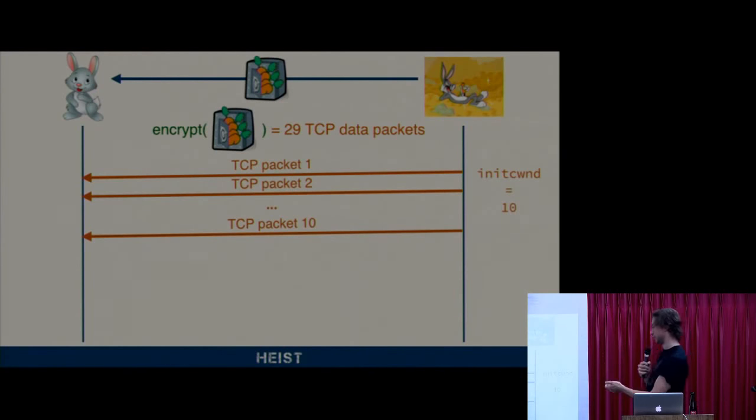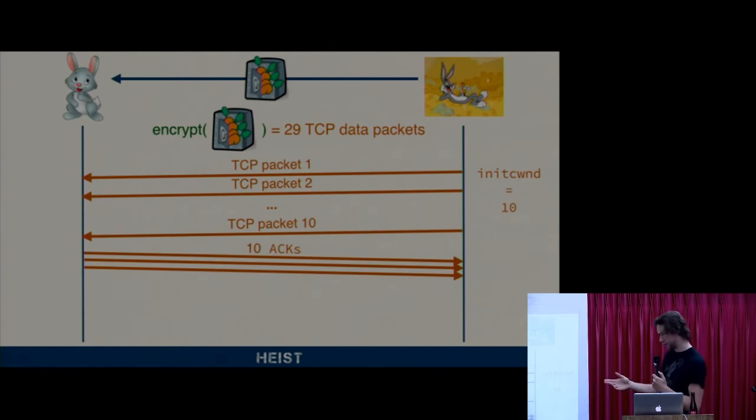But TCP works with congestion windows. So this means that bunnybank.com can only send a number of TCP packets without having an acknowledgement of Mr. Sniffles. So typically the initial congestion window is set to 10. So bunnybank.com can send 10 TCP packets to Mr. Sniffles before it gets an acknowledgement of Mr. Sniffles. So when all these 10 packets have arrived, Mr. Sniffles can start acknowledging them.